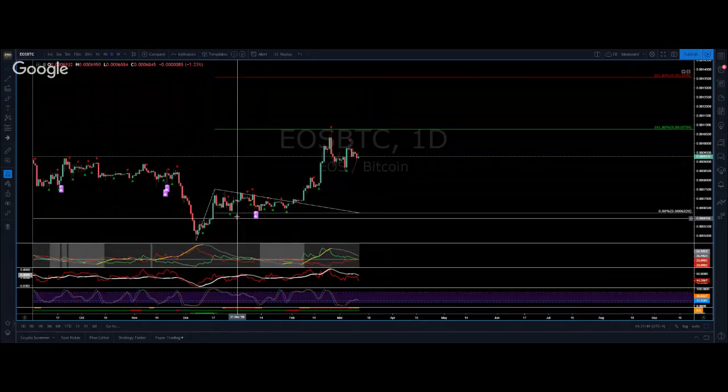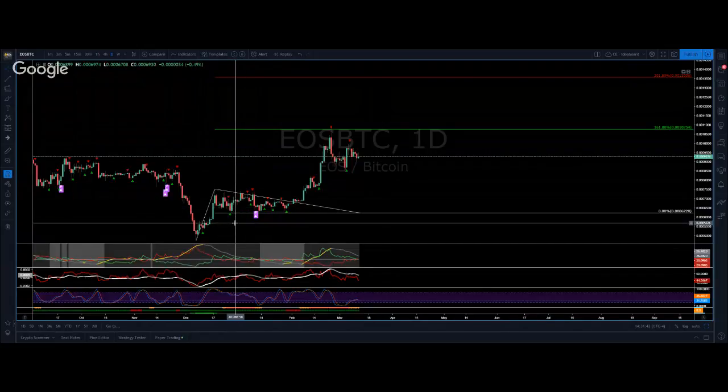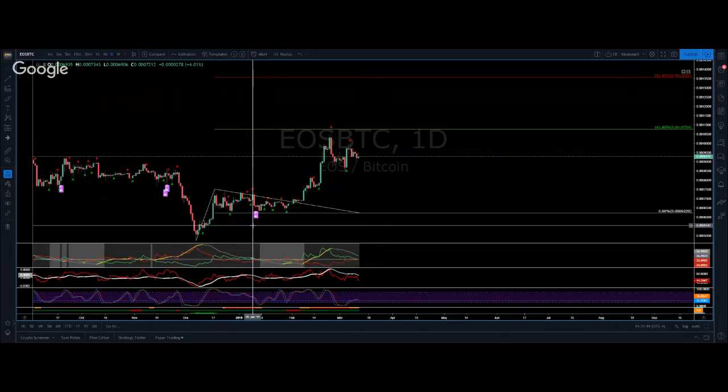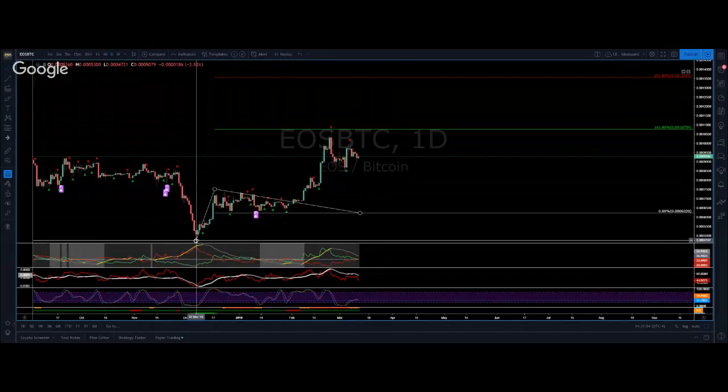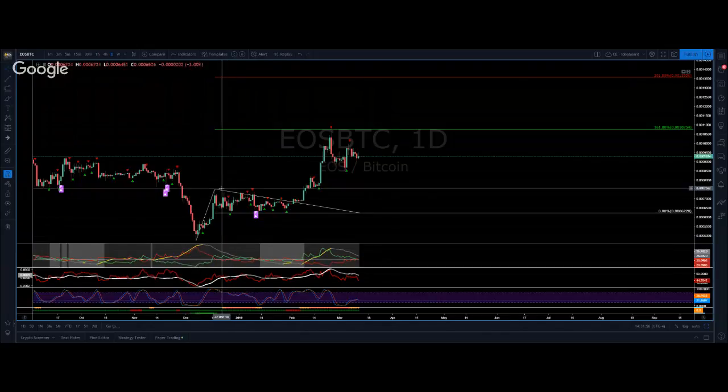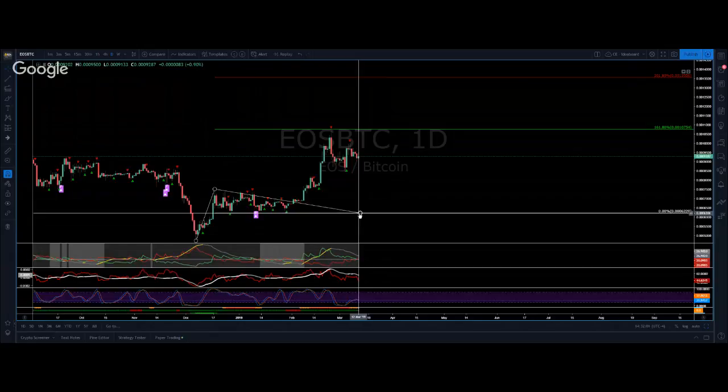So let me just talk about how I got there. The tool that I use when I'm looking at a five-wave structure is this trend-based Fibonacci extension. What this allows you to do is get a retracement based on the size of a particular wave, and to start that retracement structure based on the next pivot, which in this case has been brought down a little bit.